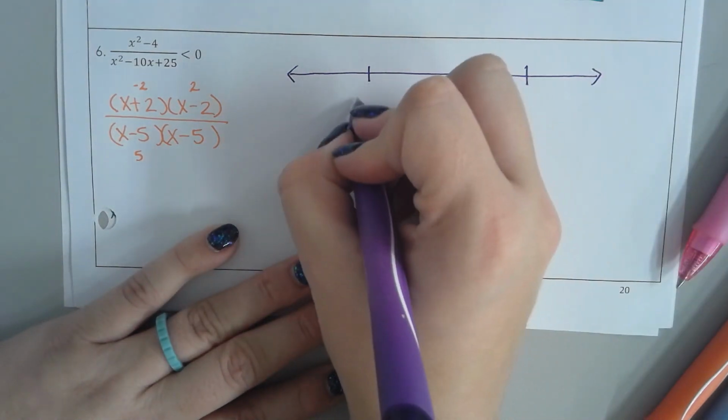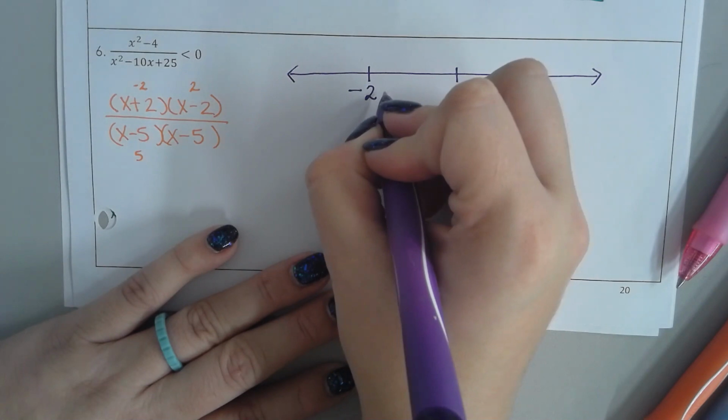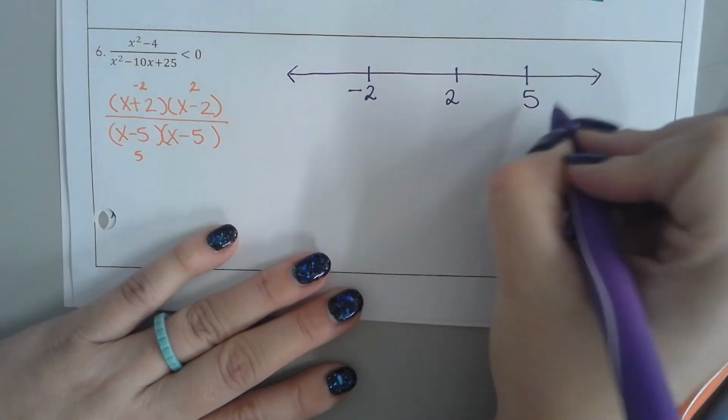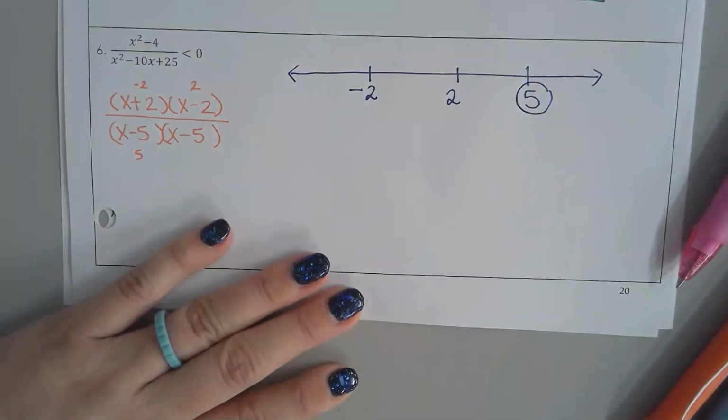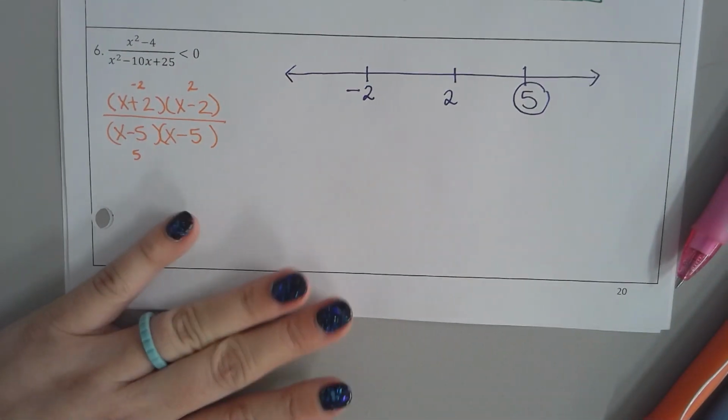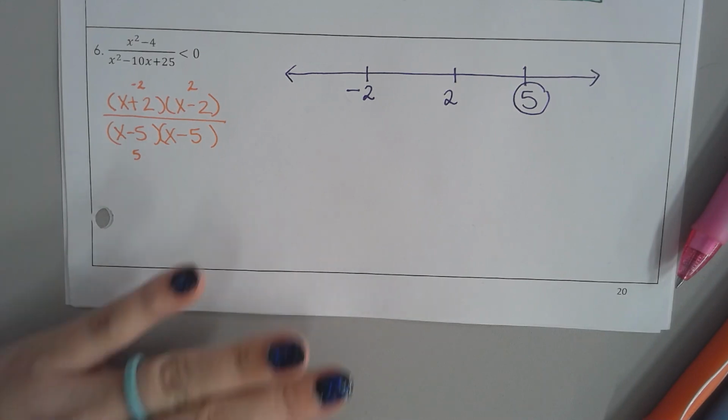So -2, 2, and 5. And I'm going to circle the 5 just to remind myself that was one that was on the bottom. That has to have parentheses. The only reason I circle it is just for a reminder.